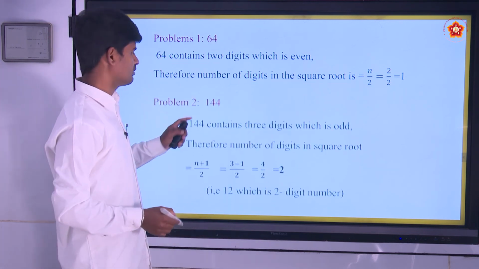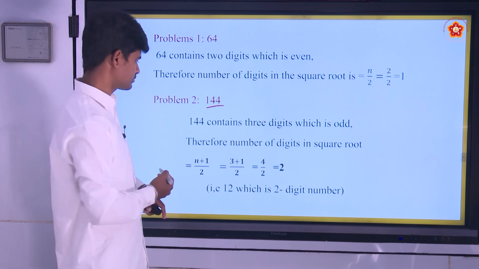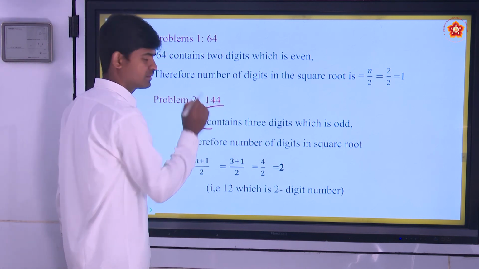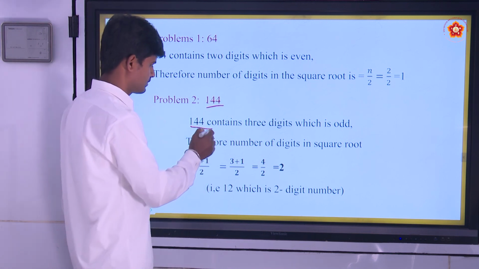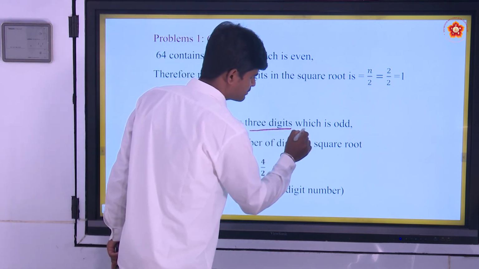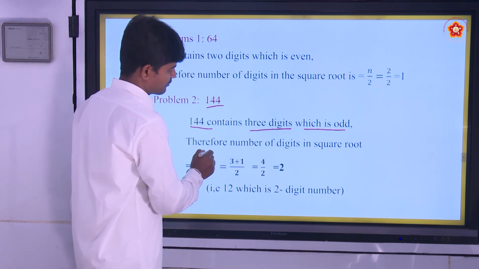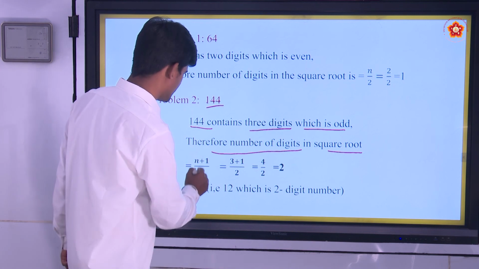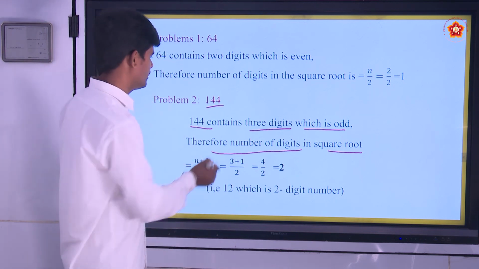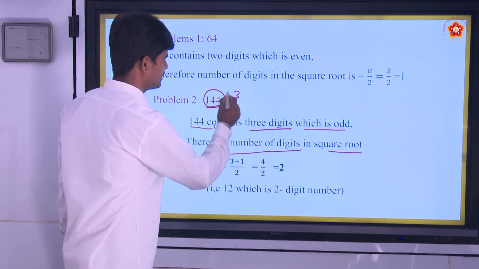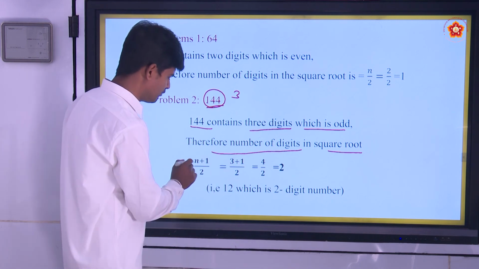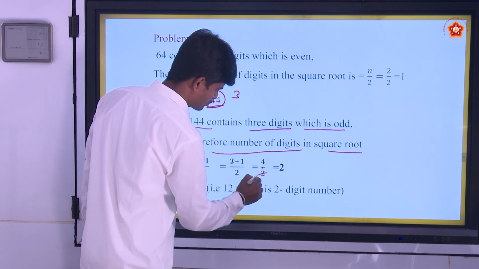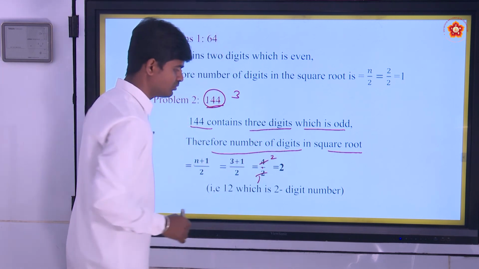Next, problem 2, 144. 144 contains how many digits? 1, 2, 3. 3 means odd. So 144 contains 3 digits, which is odd. Therefore, the number of digits in the square root: you know the formula (n plus 1) by 2. n means 3 digits, so substitute in place of n: 3 plus 1 divided by 2, that is 4 divided by 2, that is equal to 2.